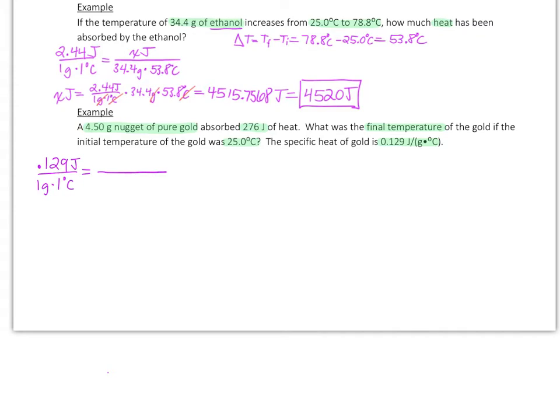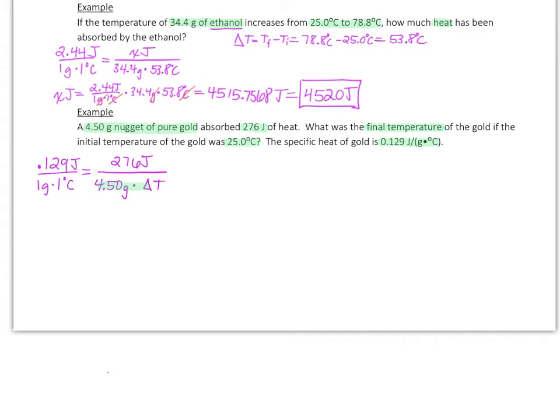And we can plug in on the other side the 276 joules of energy that are absorbed, our mass of 4.50 grams, and we're going to look for delta T. Okay. We can cross multiply to get the 4.5 and the delta T out of the bottom.